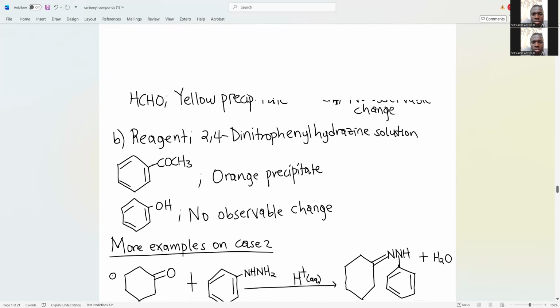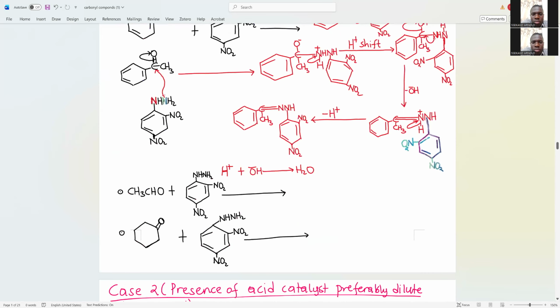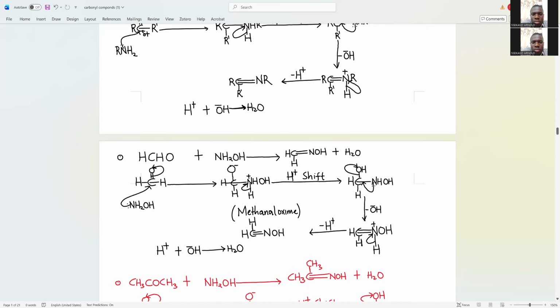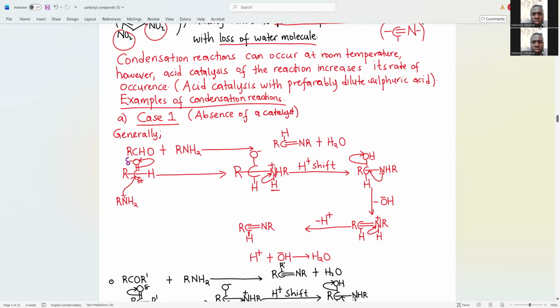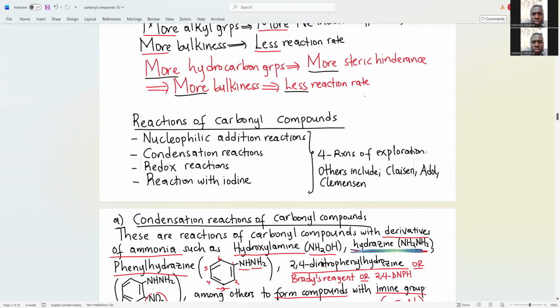Condensation reactions. We have covered nucleophilic addition reactions. They have been covered. Condensation, they have been covered. Now, where am I moving next? Redox reactions. Redox reactions of carbonyl compounds.